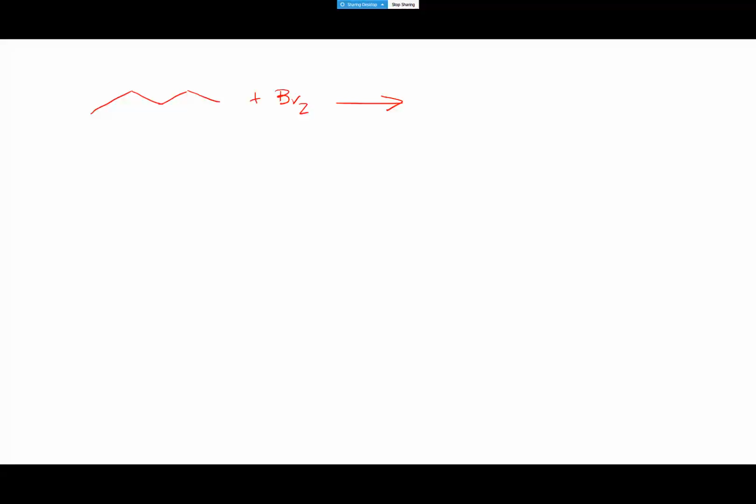So how many structural isomers are possible for the reaction of pentane? How many possible products are there? I heard 5. I'm only talking about monobromines.